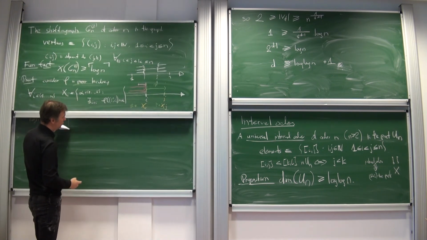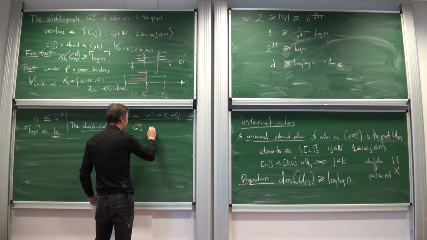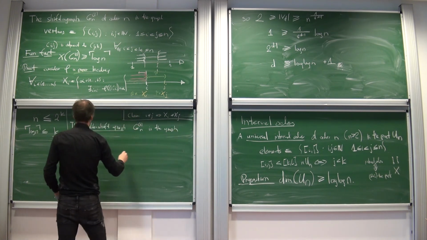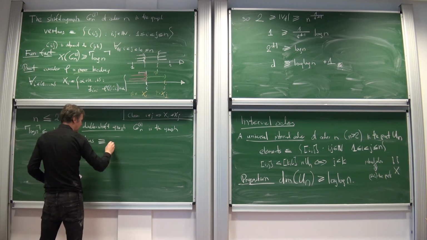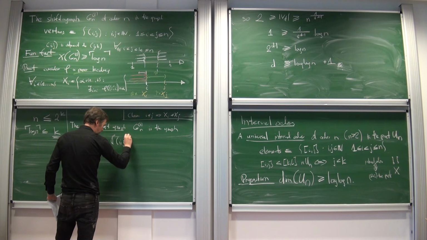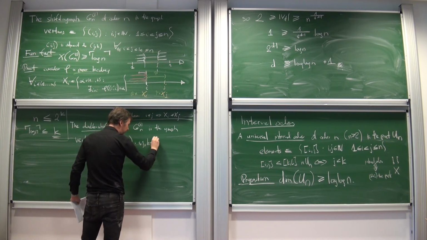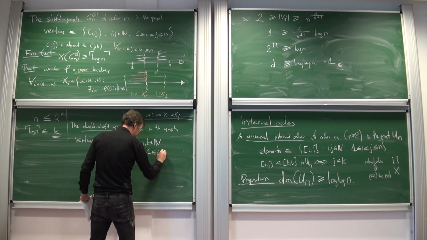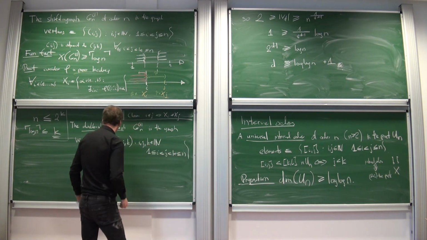So G_n^3 is the graph such that its vertices are now triples (i, j, k), such that all three are naturals, and 1 is less than or equal to i, strictly less than j, strictly less than k, less than or equal to n. That's the vertices.